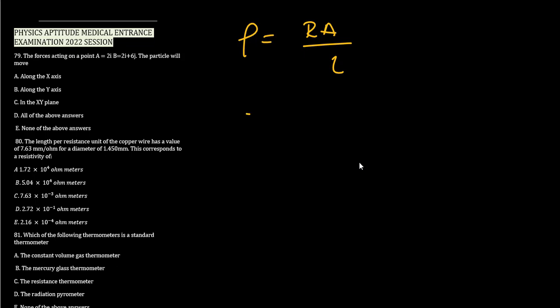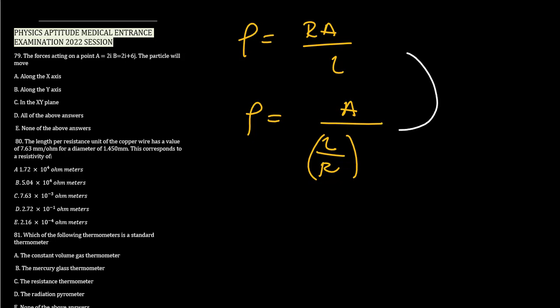And so this expression can still be written as the area divided by the length per unit resistance. So this is mathematically equivalent to this, so they are the same. Simplifying, the resistance will go back above, and so we can do some numerical application.